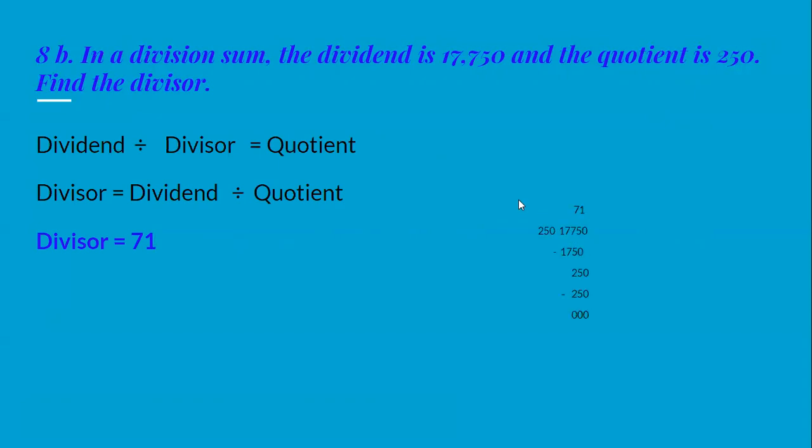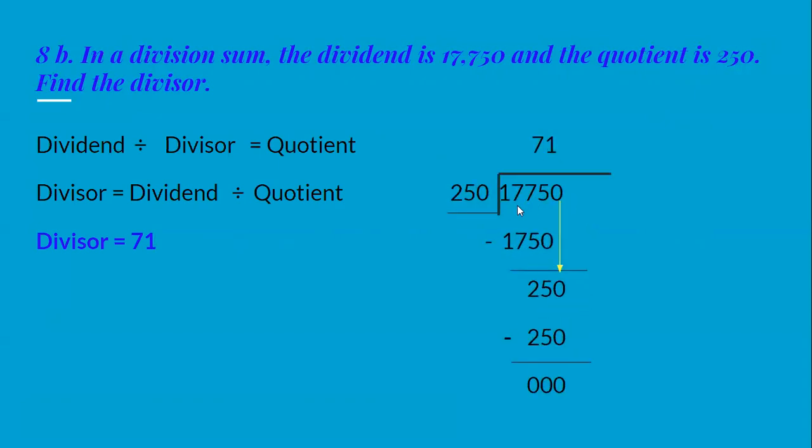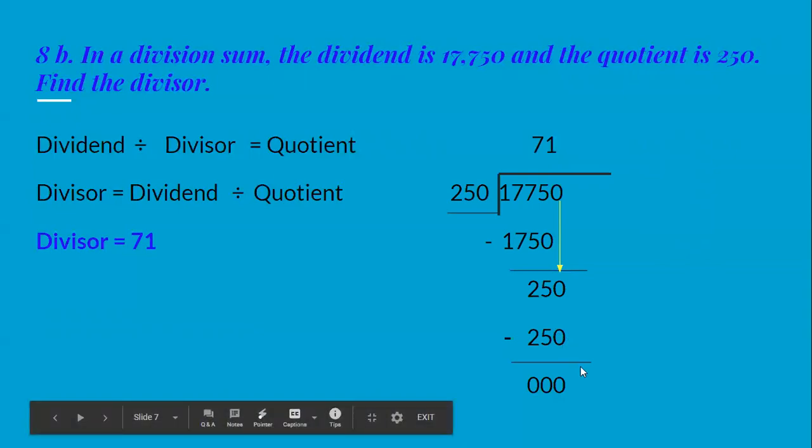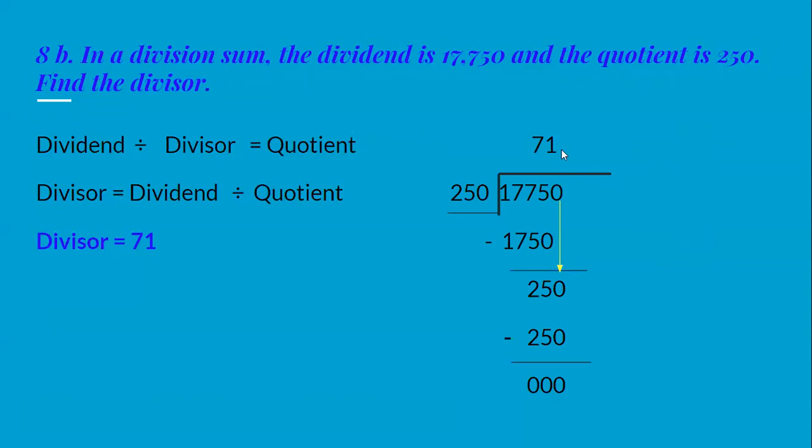I'll show you the division in the rough work. 17,750 divided by 250. 250 sevens are 1750. When we subtract, we get 25 and carry the 0 down. It becomes 250. 250 ones are 250. So the remainder is 0 and the quotient is 71.